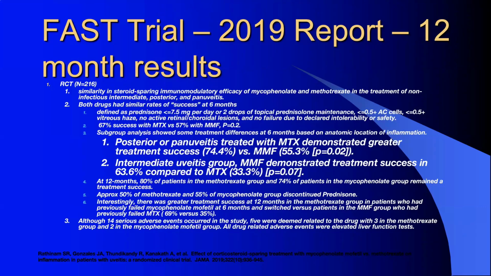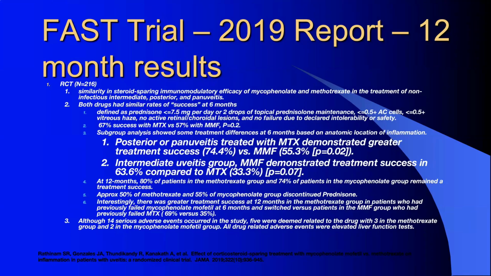Many of you may have participated in that trial in India and here in the US and abroad, but this trial was remarkable because they looked at a steroid taper, and patients were randomized to either methotrexate or mycophenolate as the agent to try to spare the use of corticosteroid as the steroid was tapered.